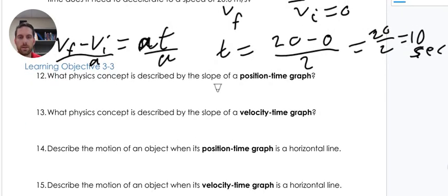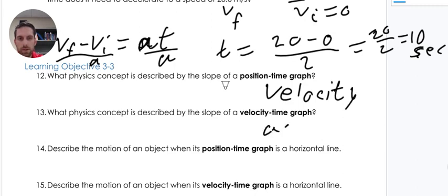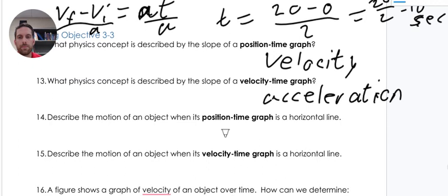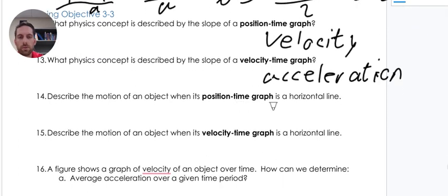All right. Physics concept. Position versus time graph. Slope is velocity. This is acceleration. When it's a horizontal graph on a position time graph, it's just not moving. It's at rest.